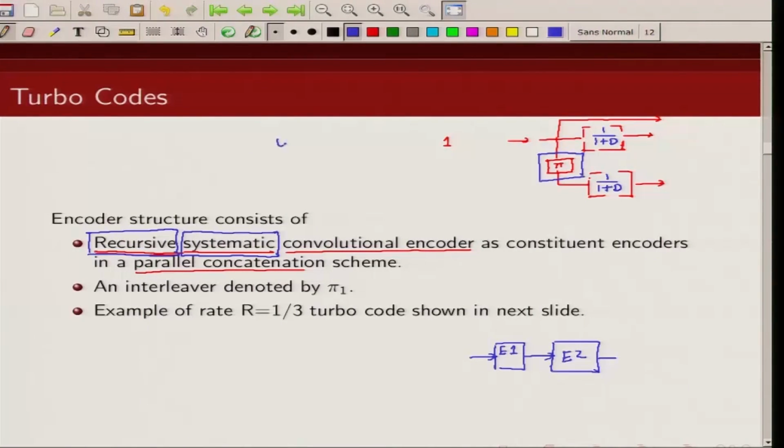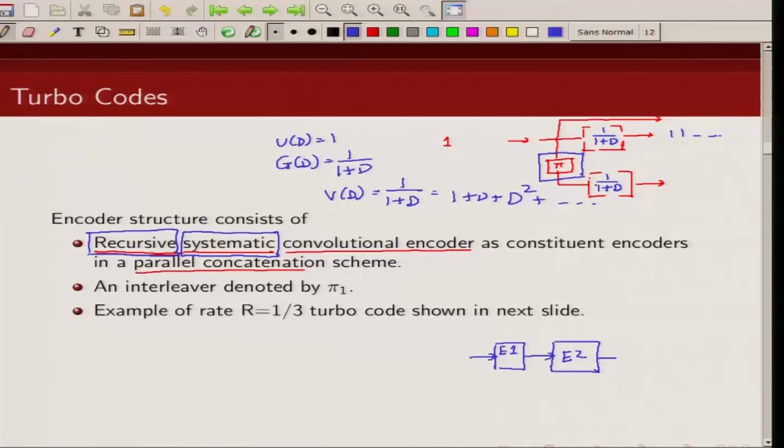If my u of D is 1 and g of D is 1 by 1 plus D, then what is my v of D? It is u times g, which is 1 over 1 plus D, and this is 1 plus D plus D square and so on. So, I am getting a string of 1s.